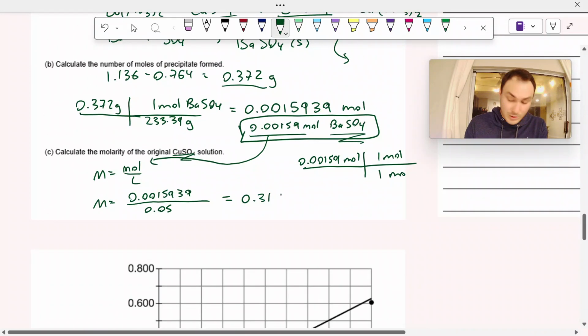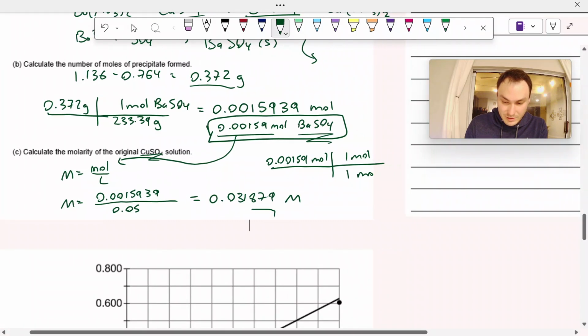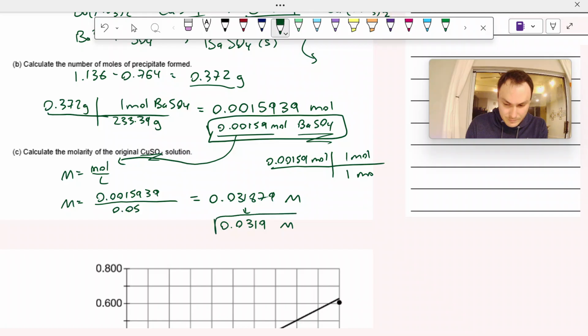So let's write the full number first. 0.031879 molar, rounded to sig figs, 0.0319 molar. Great.